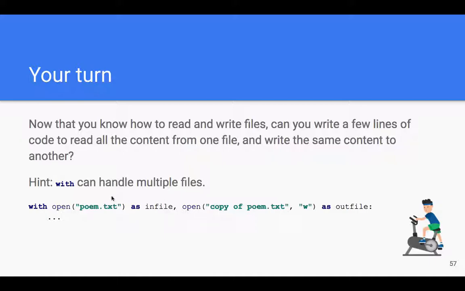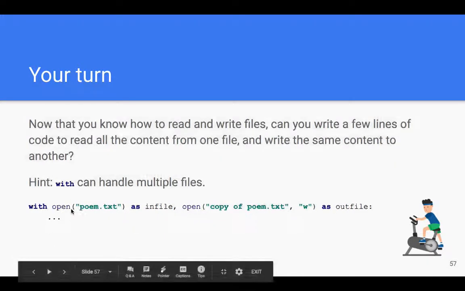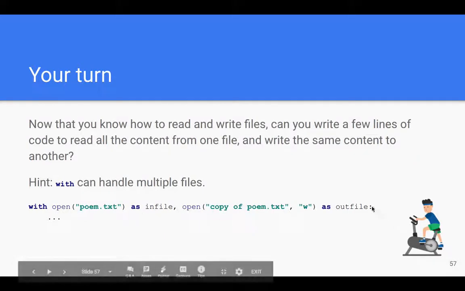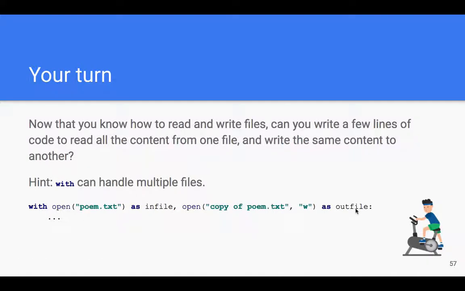We've already seen a with to open one file, but you can actually give with multiple files. So here, the with is open poem.txt to read. So that's the input file. And then I open a copy of poem.txt for writing. So that's an output file. So now we have two files, and basically you just have to read from the in file and write to the out file. So pause the video, give that a try.